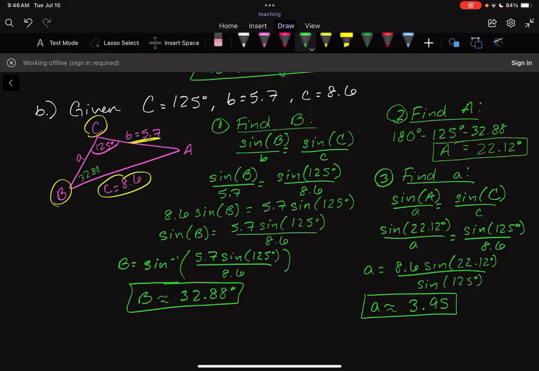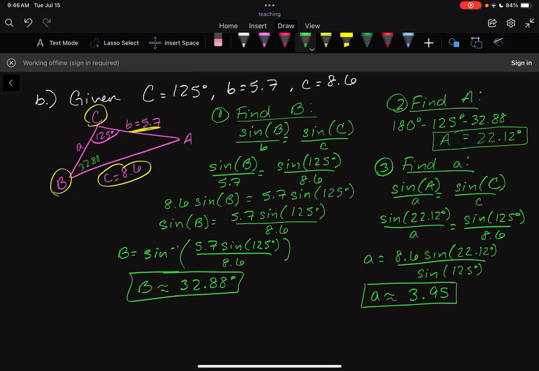So this was my first triangle. Now I'm going to show you how to check for a second triangle. Because we knew at least one was possible, we went ahead and just found that one.